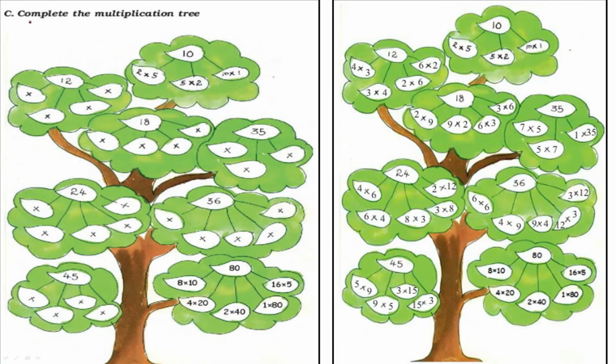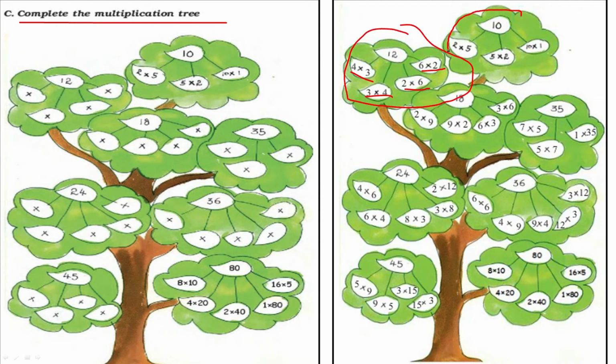Now complete the multiplication tree. Here you can find 10, 2 5s are 10, 5 2s are 10, 10 1s are 10. Like that you can complete 12: 4 3s are 12, 6 2s are 12, 2 6s are 12, 3 4s are 12. So for 12 you will get the factors like this.